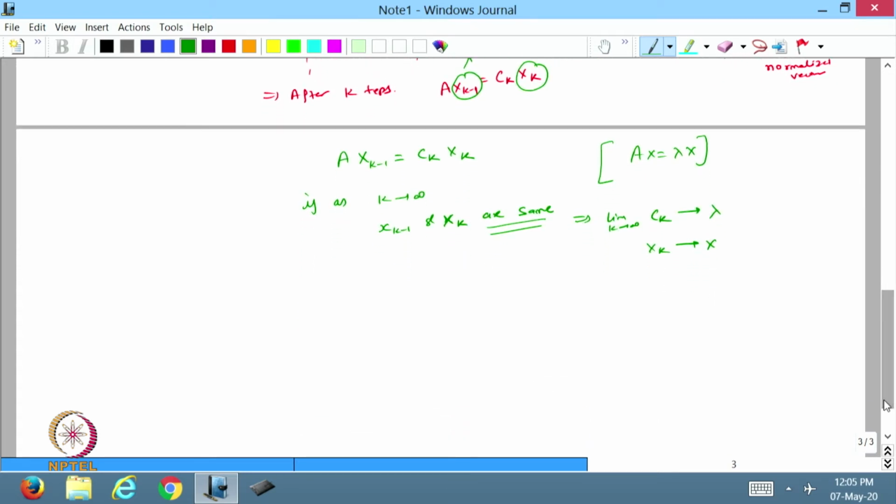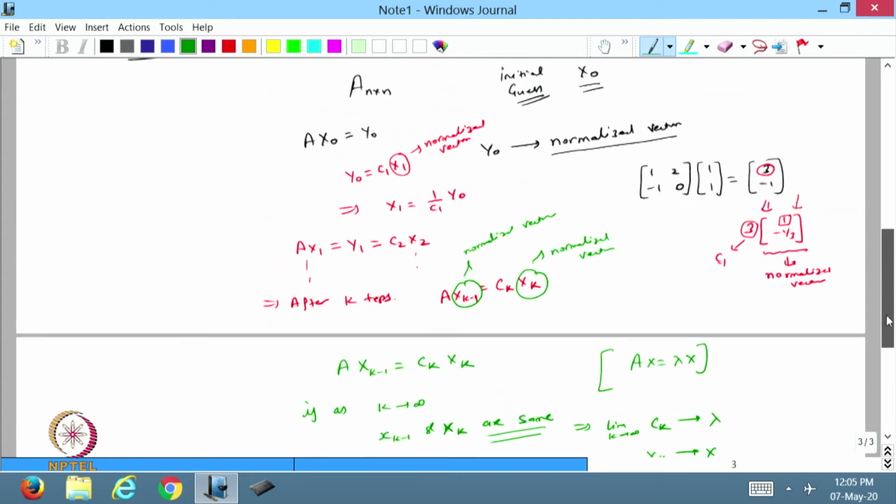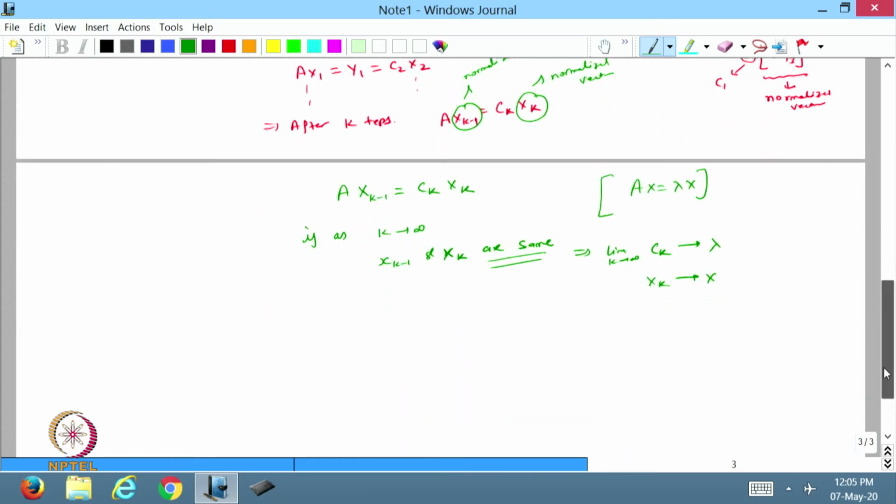Okay. So, that is the process of the power series method.